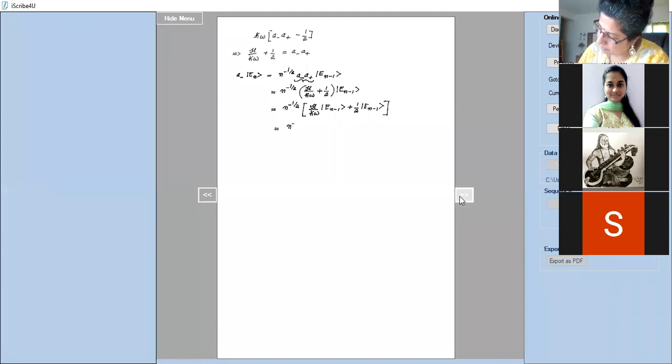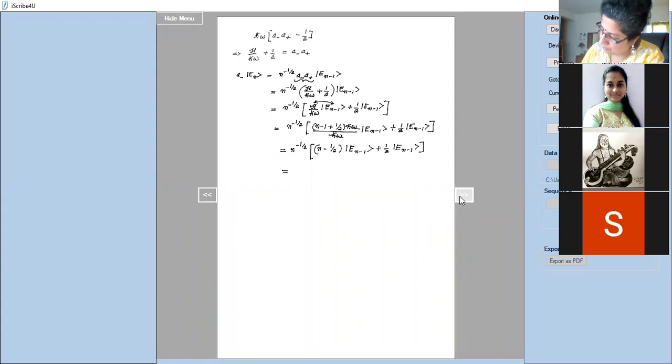So what will this give us? This will give us n to the power of minus half, and here you will have H acting on En minus 1, which will give us n minus 1 plus half h cross omega, divided by h cross omega, into the En minus 1 eigenstate, plus half En minus 1.